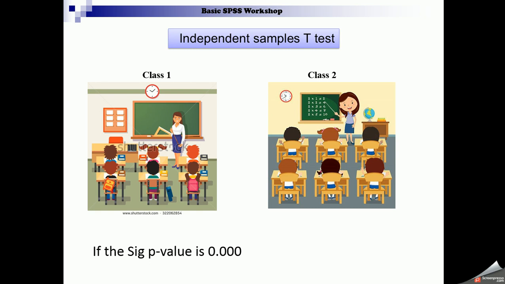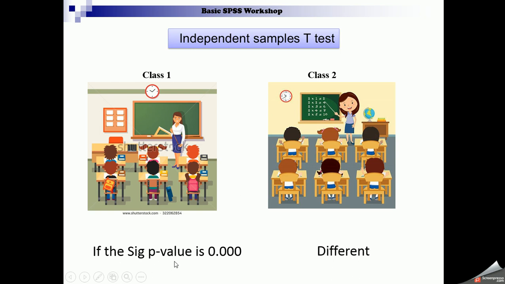The software didn't show us if there's a difference. It only shows us the mean for the first class and the mean for the second class. And we were able to choose the standard deviation, the minimum and the maximum score for each class, but it didn't show us if there are differences or not.